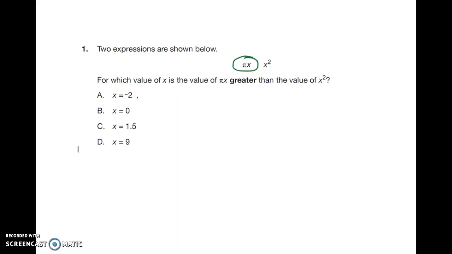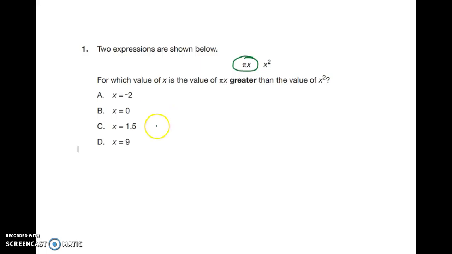1.5 squared is a little bit more than 2, and that's not bigger than pi even, so pi times 1.5 is going to be bigger than that. And then 9, okay, so 9 squared gives us a bigger x squared value.